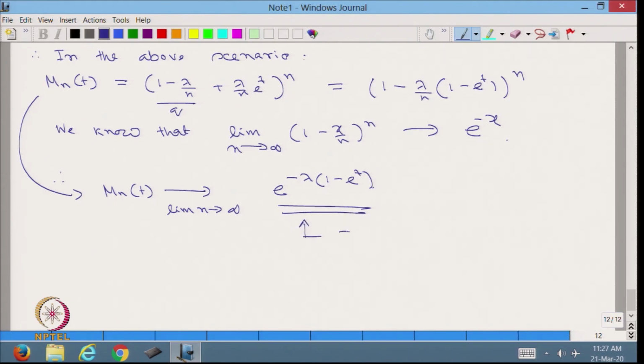This is the MGF of a Poisson random variable with parameter lambda.